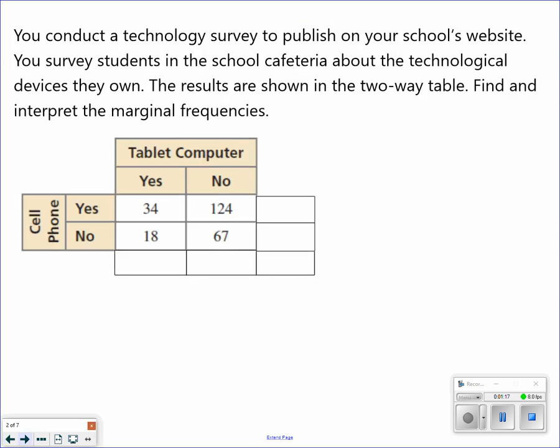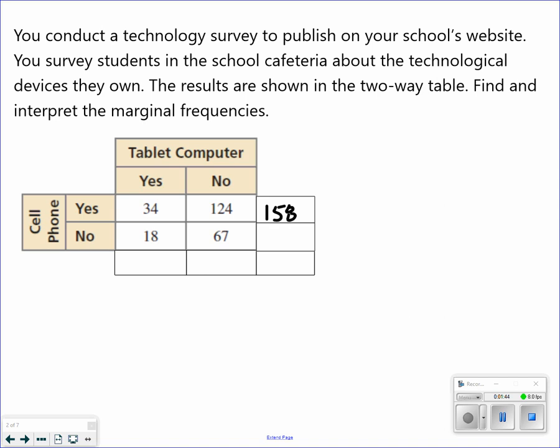So the next one, you conduct a technology survey to publish on your school's website. The survey students in the school's cafeteria about the technology devices they own. The results are shown in the two-way table. Find and interpret the marginal frequencies. So how many said yes to a cell phone? So going across, yes to cell phone going across would be 158.